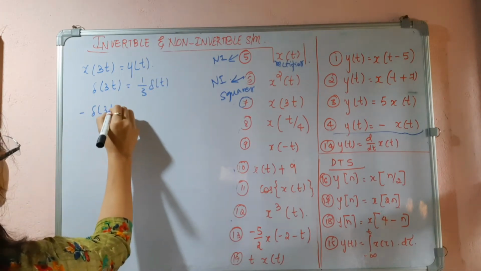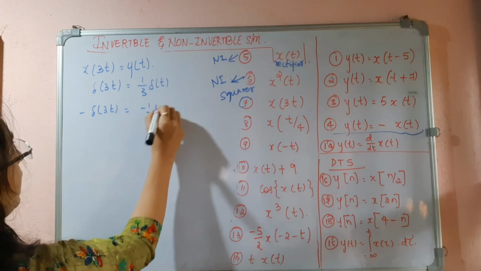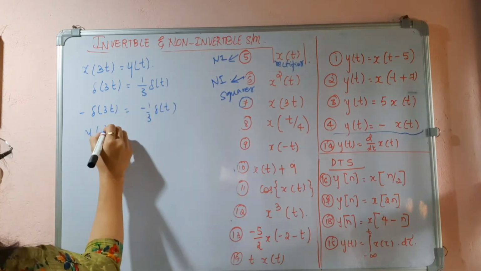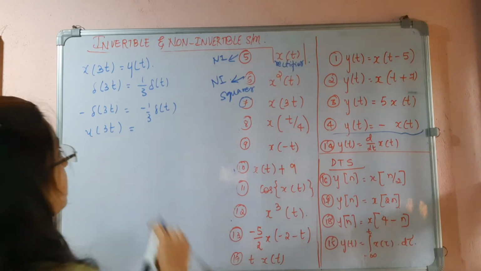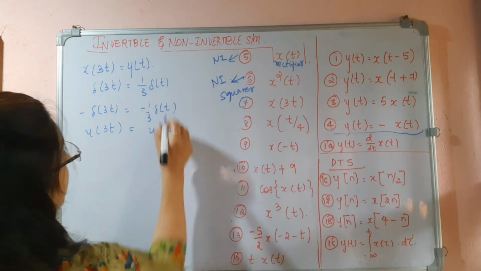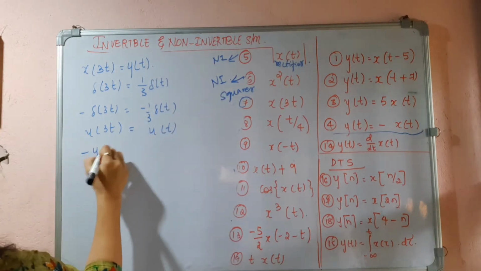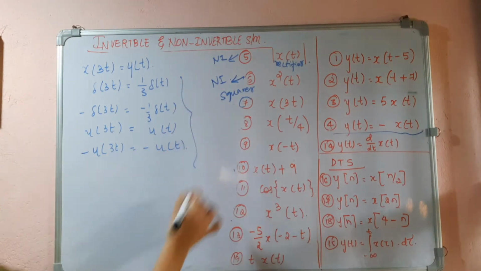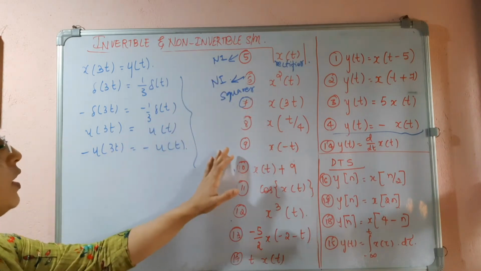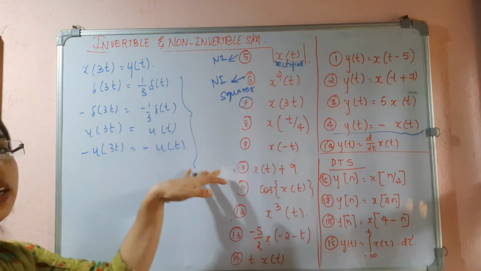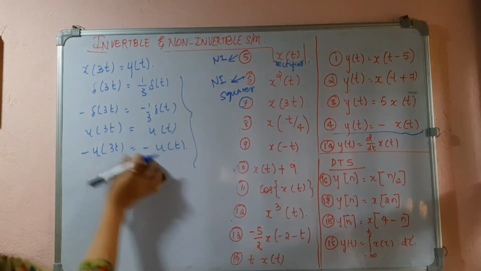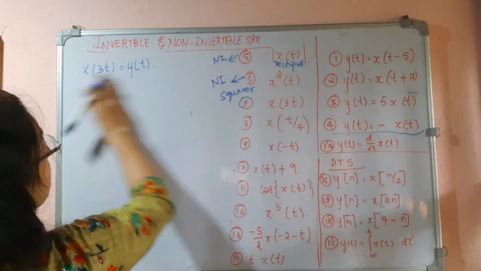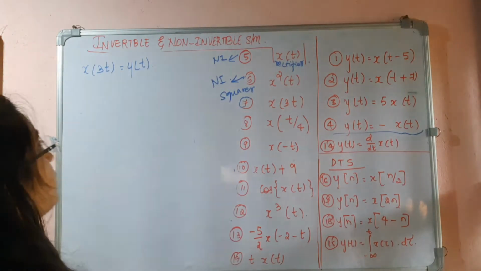For u of 3t, scaling doesn't affect it here, so it is u of t. So we can say that this is an invertible system because it is producing distinct outputs. That means an inverse system also exists for this.